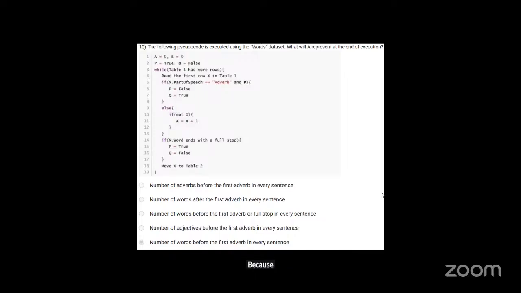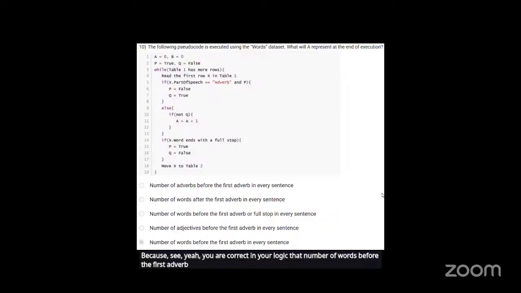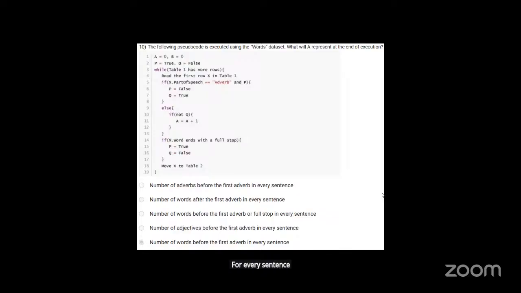You are correct in your logic that it is the number of words before the first adverb in every sentence, right? But A is not getting reinitialized anywhere, so A will keep incrementing. For every sentence, you are going to keep adding to A. A is not reinitialized after every sentence, like P and Q are. So it is the number of words before the first adverb in every sentence or before the full stop.